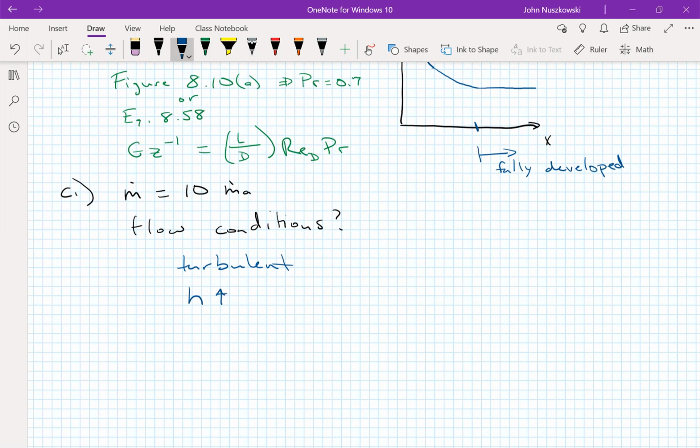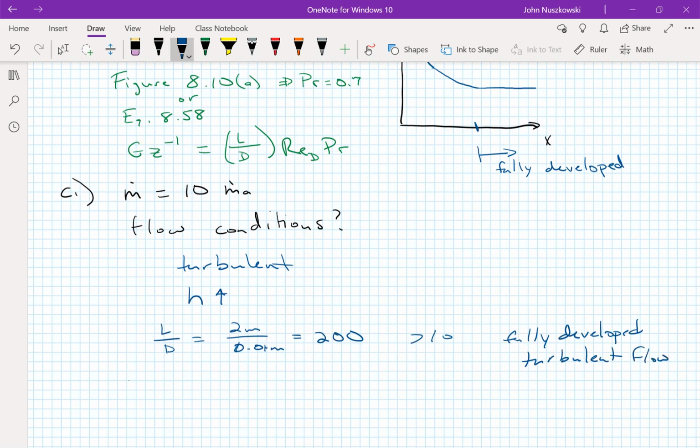And we can get that value, well, we can check whether it's fully developed turbulent flow, and that would just be L over D, which is 2 meters divided by 0.01 meter, which is 200, which, because it's greater than 10, is fully developed. So fully developed turbulent flow.